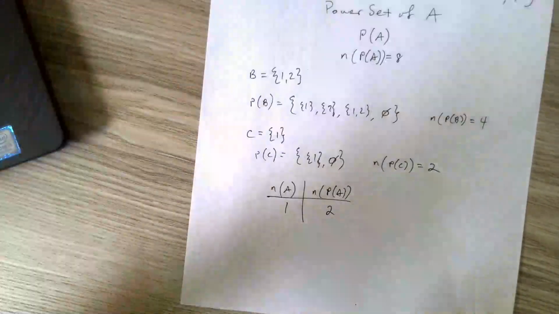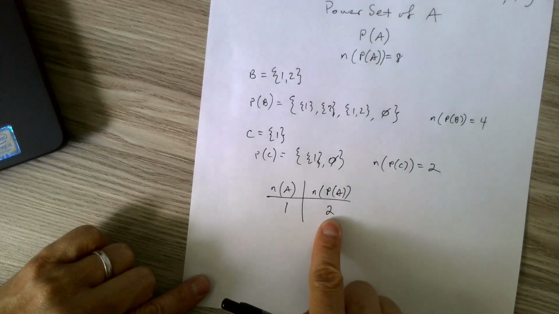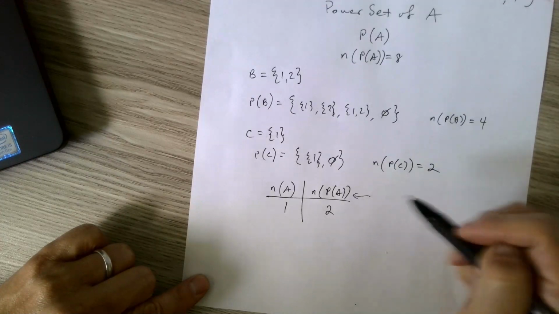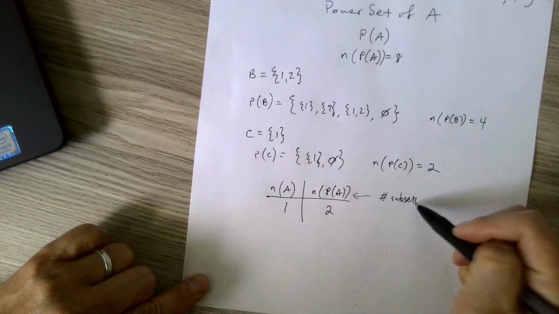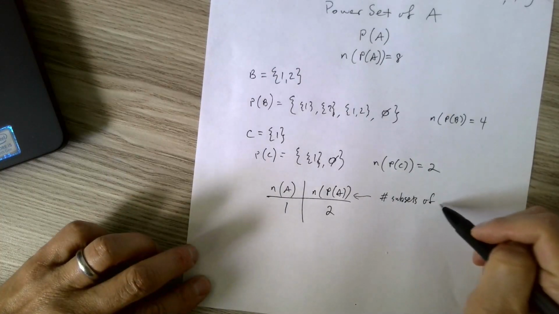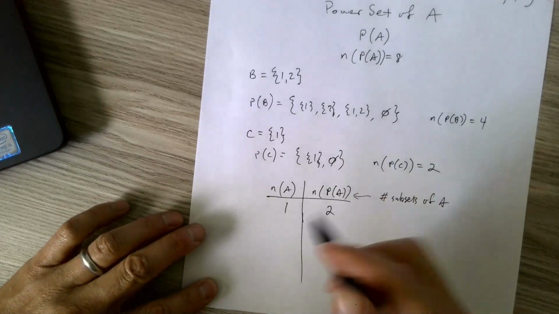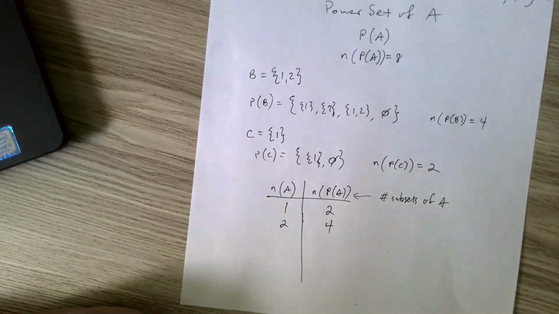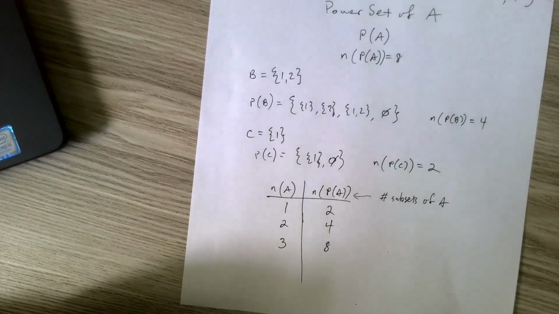So if I have a set, whatever the element is, if there's 1 element in it, the cardinality of the power set is 2. Remember, this is also the number of subsets of A that I can create. If the cardinality of set A is 2, I can make 4 subsets. If the cardinality of A is 3, I can make 8.